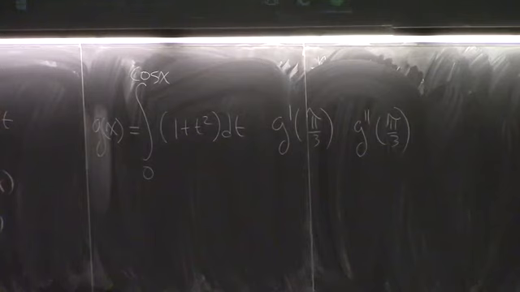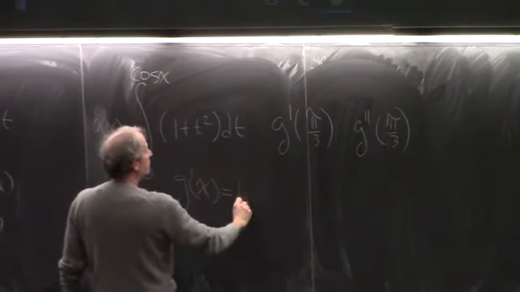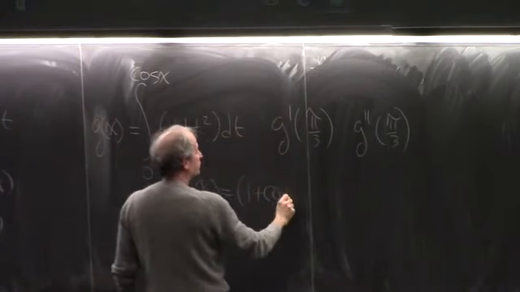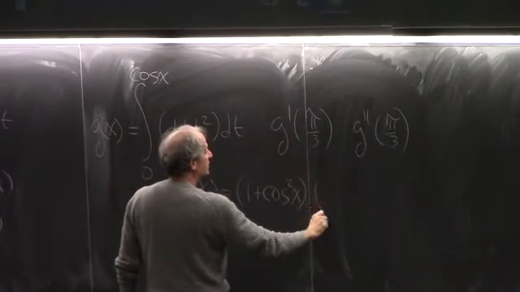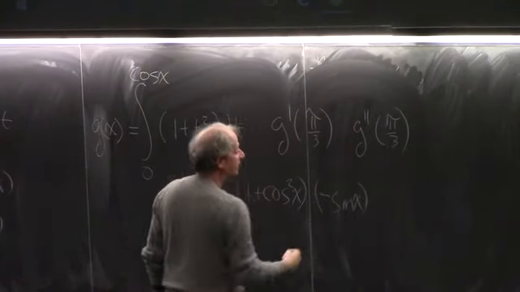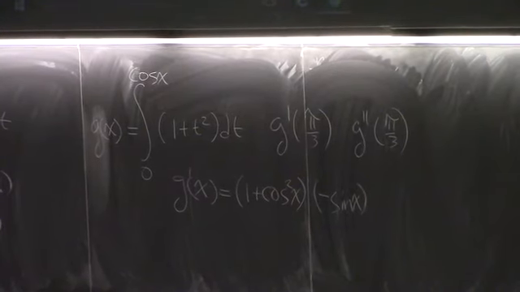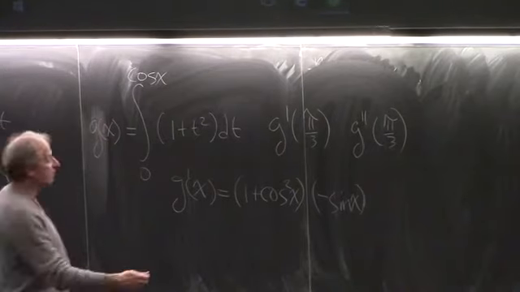So, g prime of x would be 1 plus cosine squared x times the derivative of cosine, which is minus sine. So if I wanted to find g prime of pi over 3, I now plug in pi over 3.